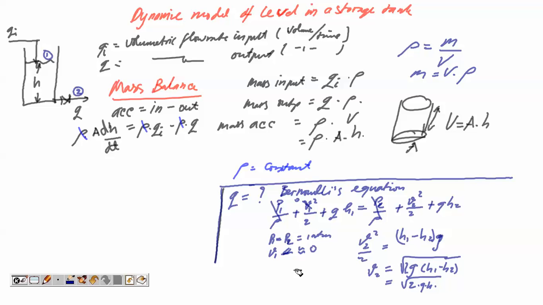Okay, so what is Q now? Q is the velocity times the cross-sectional area of the hole.